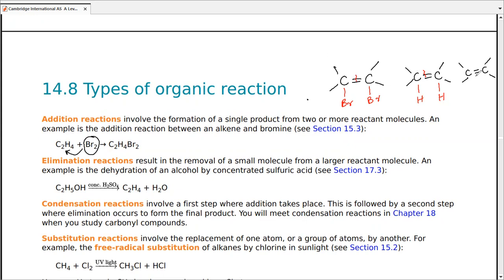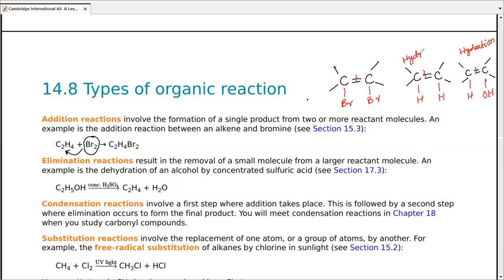For this one, we used to add water. So H on one side, OH on the other. This was used to convert alkenes into alcohol. This was considered as hydration. And we did hydration of ethene specifically back in IGCSE.